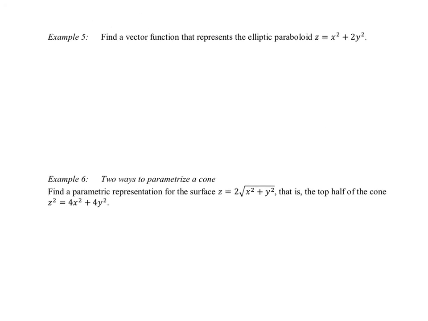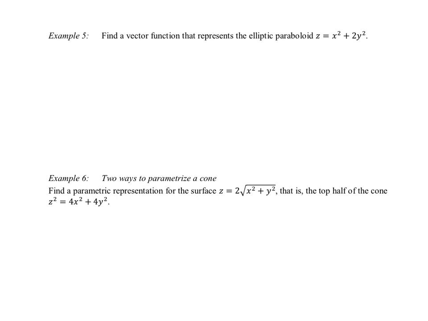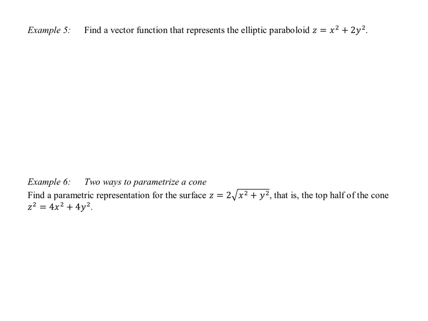All right, example 5, we're looking at an elliptical paraboloid, and again, we've talked about this type of surface, and so we're trying to create a vector valued function that would graph that particular surface. Now, if you notice, x, y, and z are all together in the same equation. So one technique we could use is actually to let x and y be their own parameters.